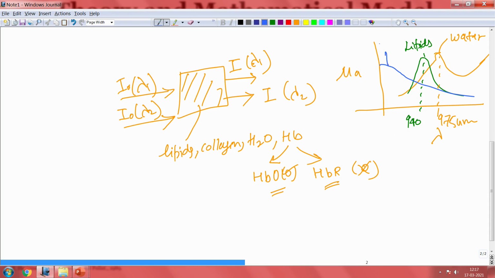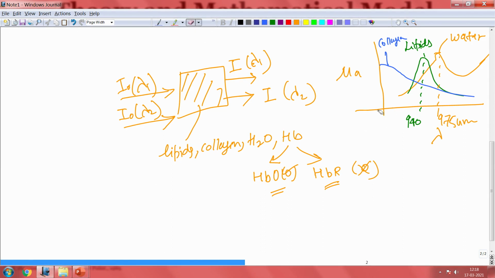In the case of collagen, it is very high around the visible range of light, and that makes sense because it is a fibrous content and it absorbs a lot of light in this wavelength range, maybe at 850 nanometers.